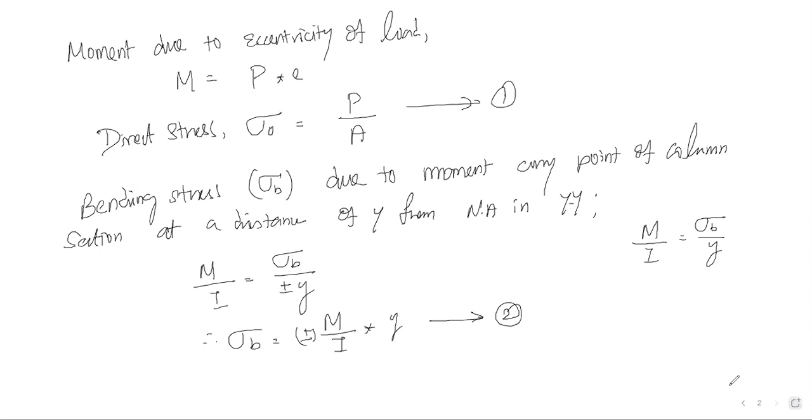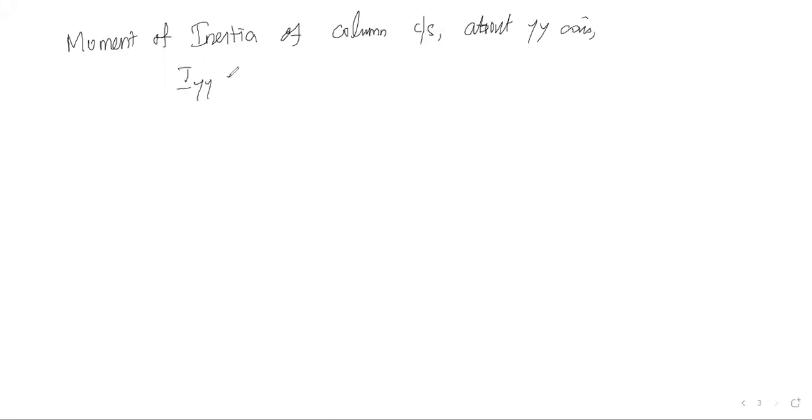Now we have to calculate the moment of inertia of the column cross section about the y axis. We all know that Iyy is equal to b cube d by 12. We have to substitute this value into equation number 2.